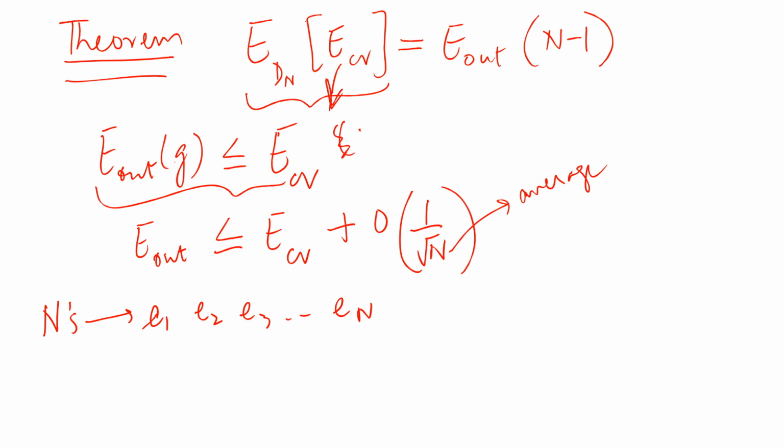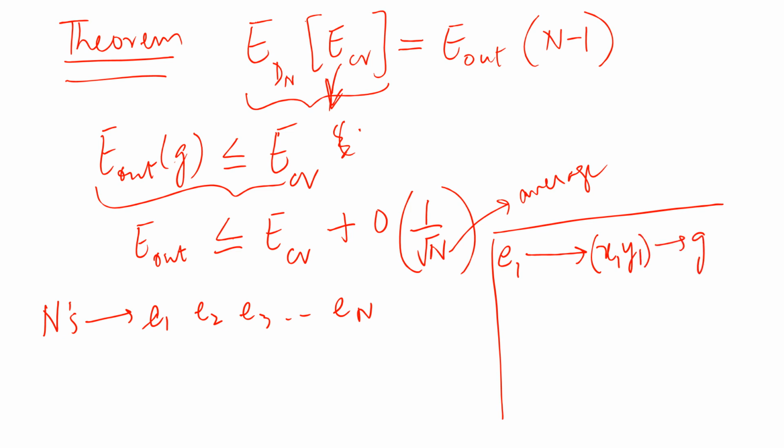Now these n things are not completely independent. This is something that we need to know. And why isn't that creating an issue? First of all, let's understand why these are not independent from one another. E1, if you remember, was calculated and we got G1 minus, by leaving out X1, Y1.